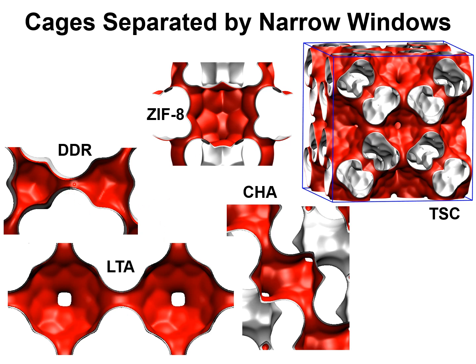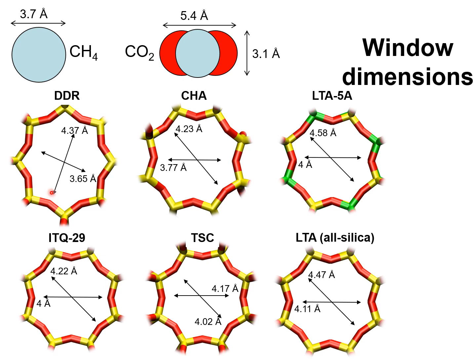Let's look at the window dimensions in more detail. I show here the dimensions of the window aperture for DDR zeolite, Chabazite, LTA 5A zeolite, ITQ29, TSC zeolite, and all silica LTA.